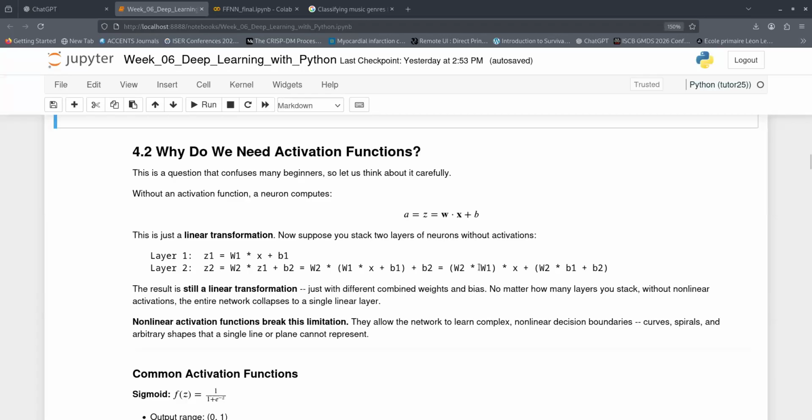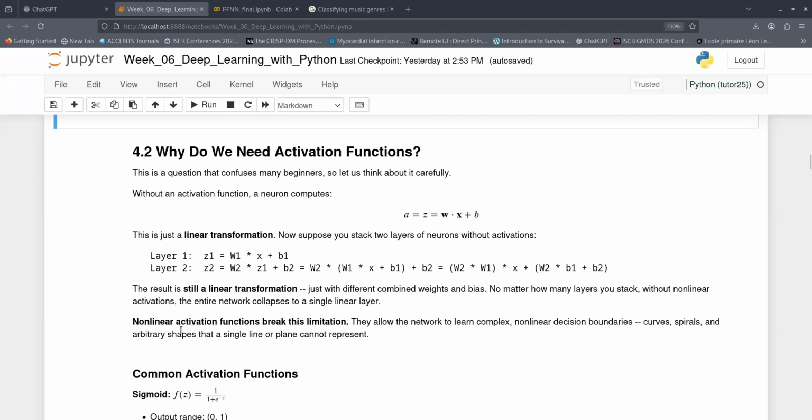So we have different values here, but the same structure as A. No matter how many layers you stack, without nonlinear activation, the entire network collapses to a single linear layer. If you don't have f of z, you have only z, and it collapses to a single linear layer.